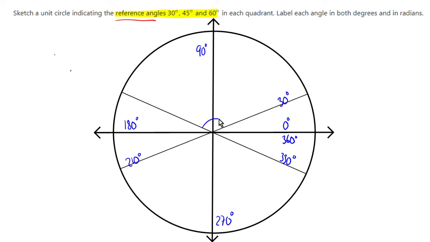This angle here, like that, is going to be 180 degrees minus 30 because we're going counterclockwise here. So it's going to be 150 degrees. So we put in the 4 30-degree reference angles that are present in the unit circle, 1 in each quadrant.